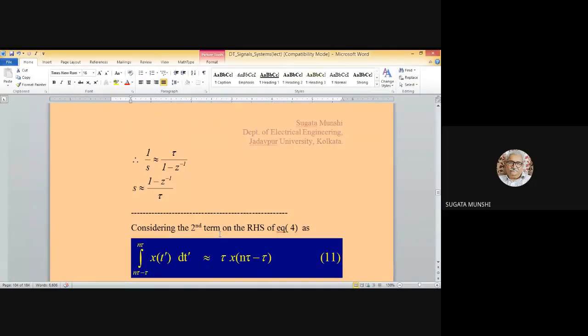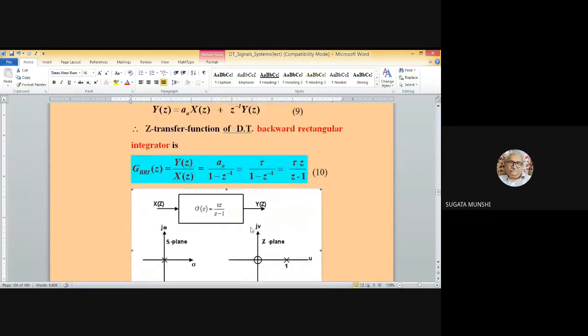Area of that rectangle as tau into x(n tau minus tau). That is the second possibility. Then the second term on the right hand side of equation 4. Was it equation 4? Let me just see.